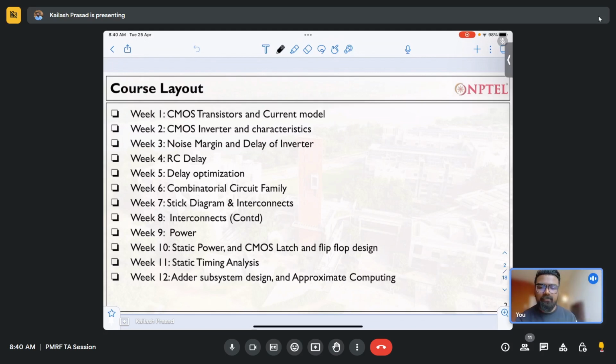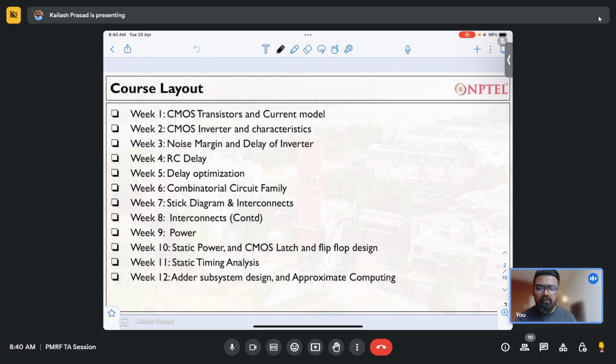Then we moved to the back end, where we started learning about layout, the stick diagram, and the most important thing, the interconnect, which connects two nodes or two metal layers. After that we learned the power, because we had already learned the delay.